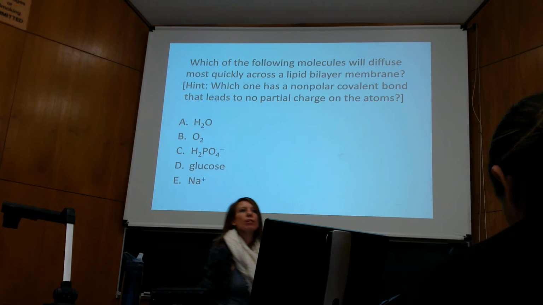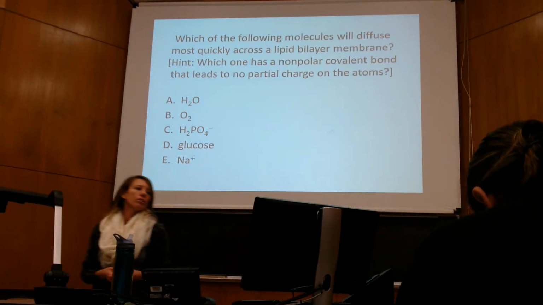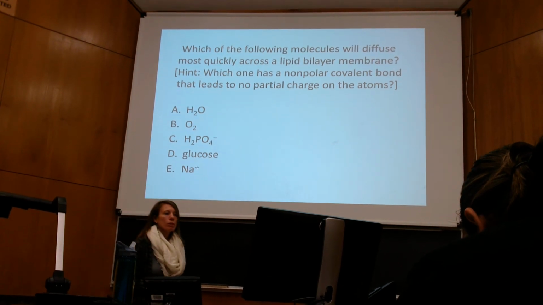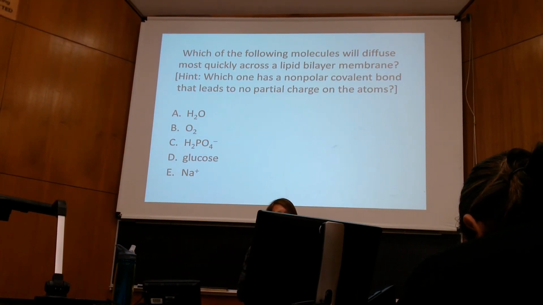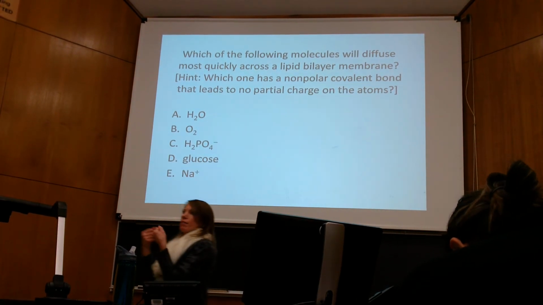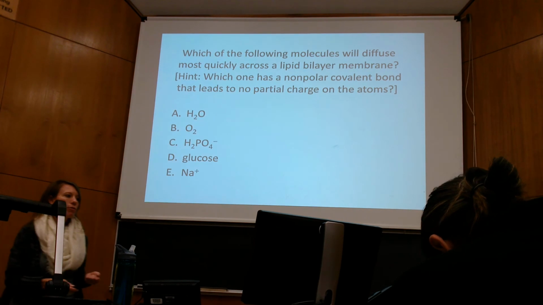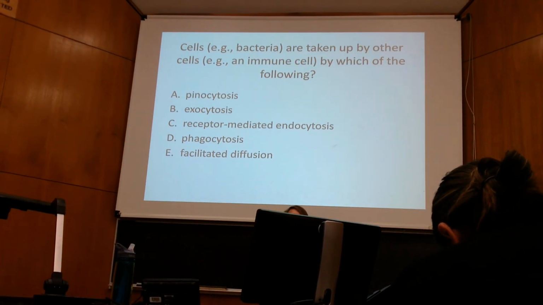Okay, so sometimes it helps seeing actual images. Which of the following molecules will diffuse most quickly across the lipid bilayer membrane? B, right? So oxygen is nonpolar, it shares electrons equally. Cells are taken up by other cells by which of the following?